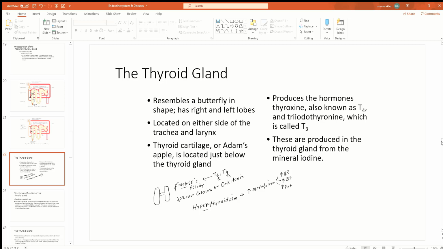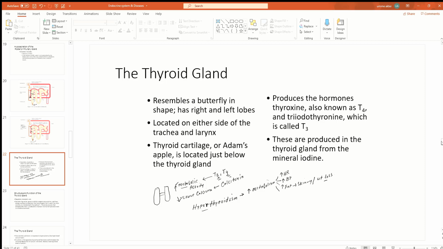More metabolism means more utilization of stored fat from the body. So the person will get what? Skinny. And loss of body weight, weight loss. The person will be skinny and the body weight will be less, right?